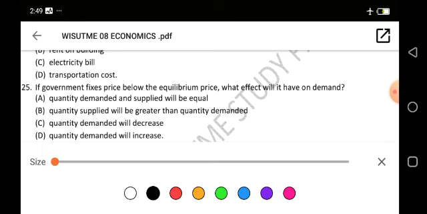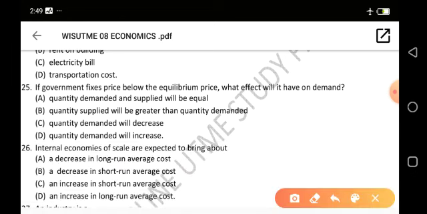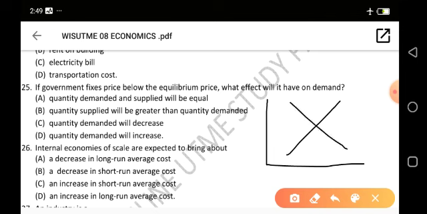So if government fixes price below the equilibrium point, this is our equilibrium point, with price P and quantity Q. If government is fixing the price below the equilibrium point, we call this maximum price control, or we call this price ceiling. Government does this to protect consumers.